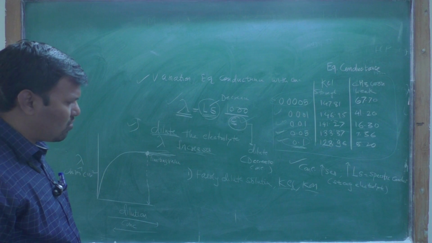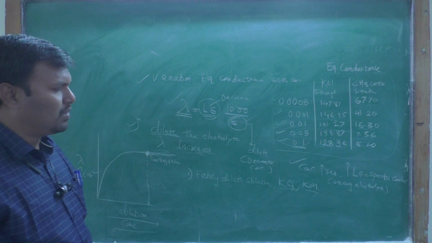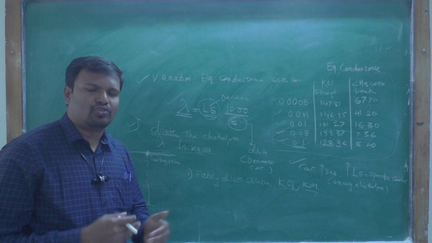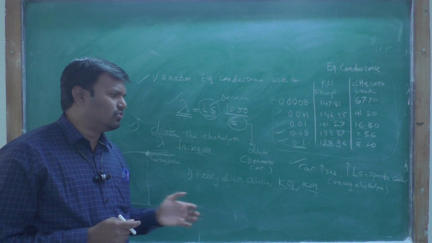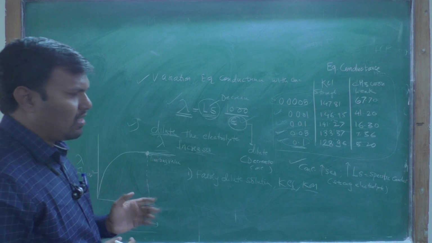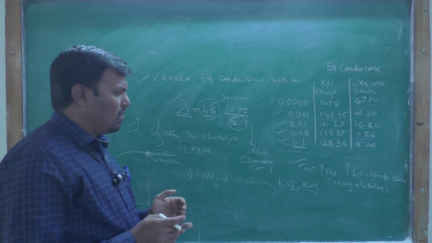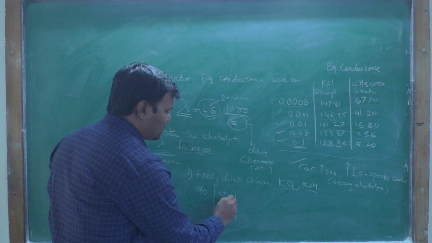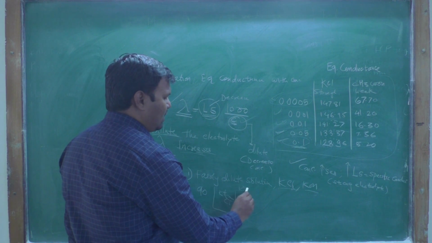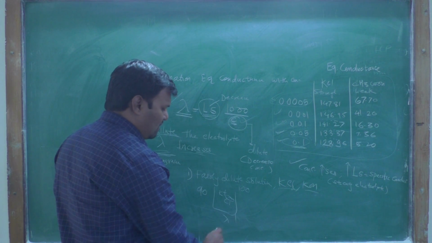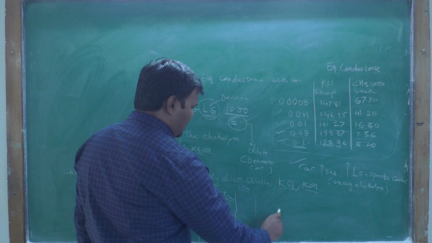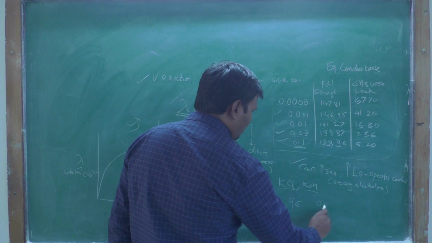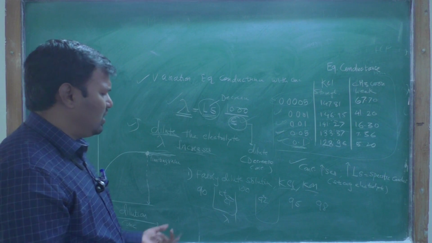Why does this happen? Because a strong electrolyte dissociates almost completely. Your equivalent conductance depends upon how many ions are dissociated. Suppose at the start 90 out of 100 KCl molecules produce K plus and Cl minus. When you add water again, it becomes 92, then 96, then 98. Actually, it is already dissociated in large amount.